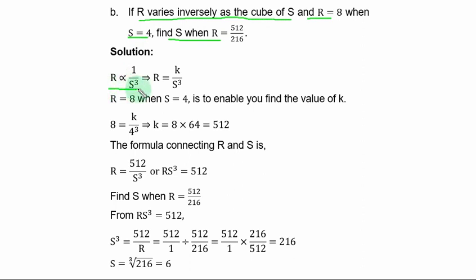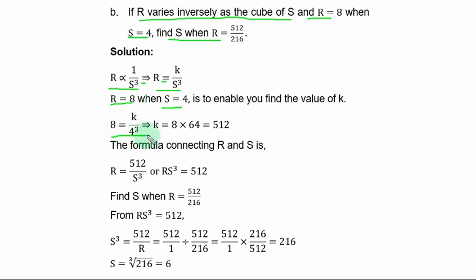In variation, we usually do away with the symbol of variation by introducing an equality sign and the constant of variation to multiply the right hand side in this form. When R equal to 8, s equal to 4, this is to enable you find k. So you replace R with 8, s with 4 in this form.